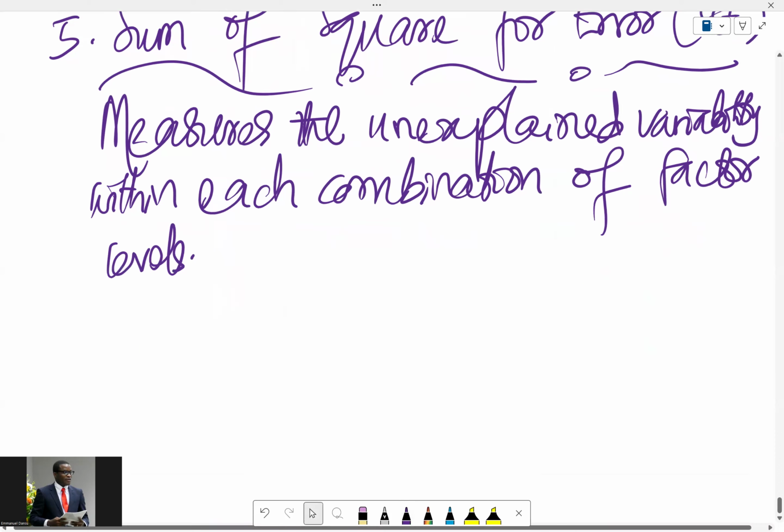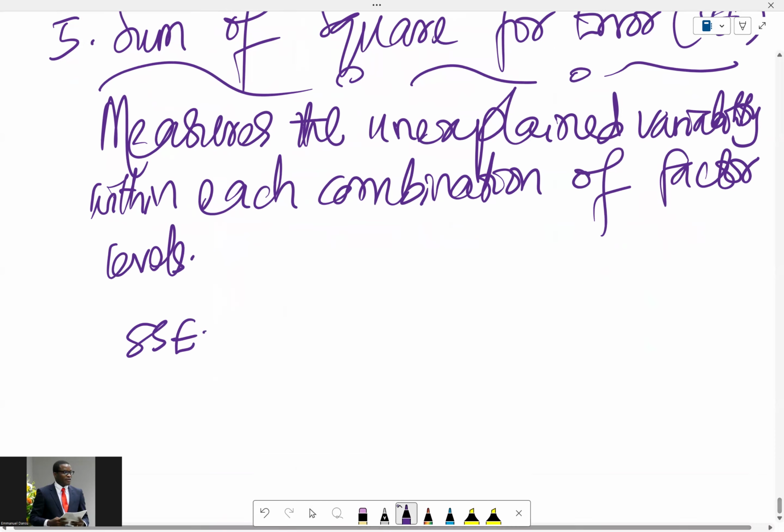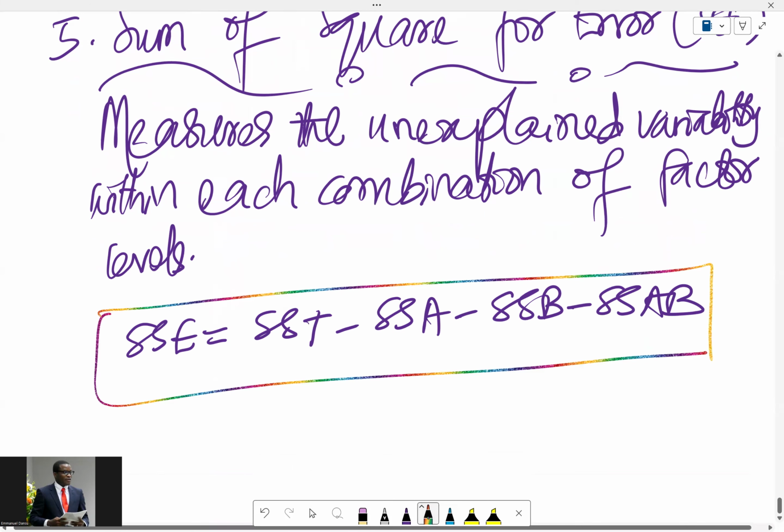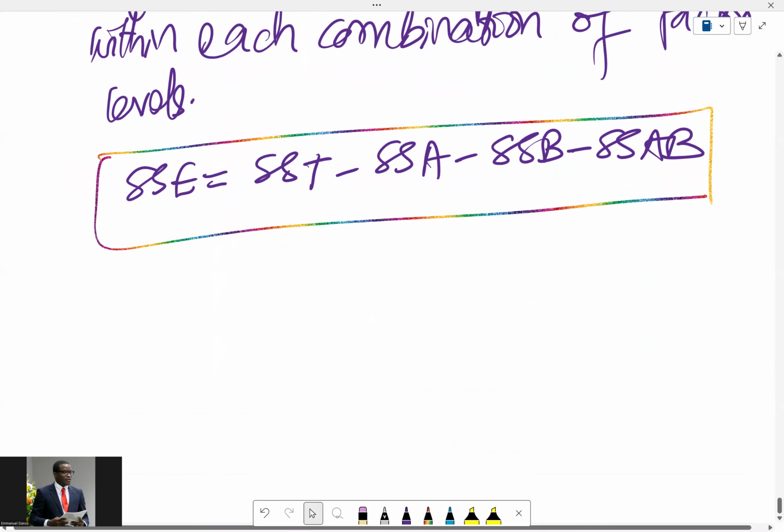Thankfully, this one does not require serious computation. Sum of squares error is sum of squares total minus sum of squares for factor A minus sum of squares for factor B minus sum of squares for interaction. So it's just subtraction all the way, and that makes things pretty easy. So I'll just go for that straight up.